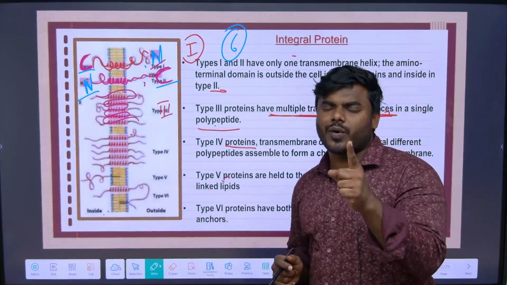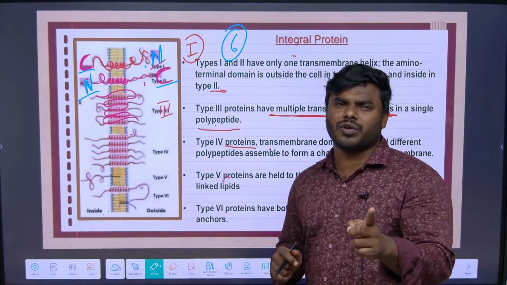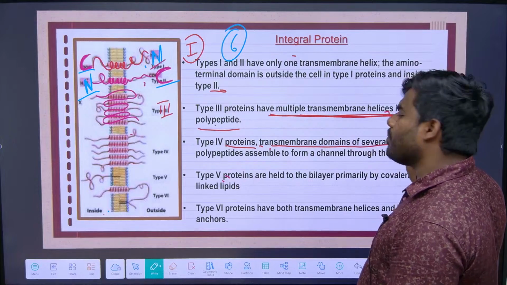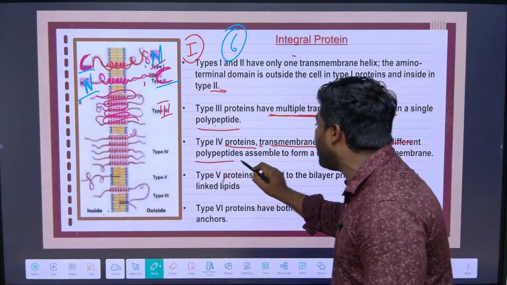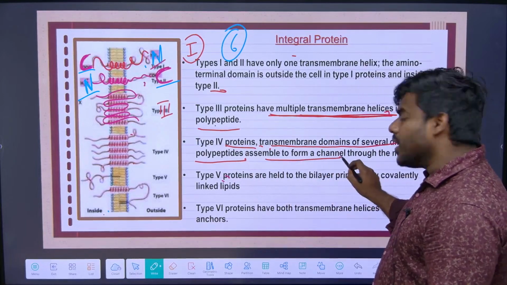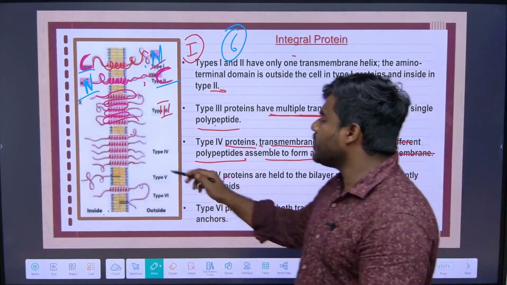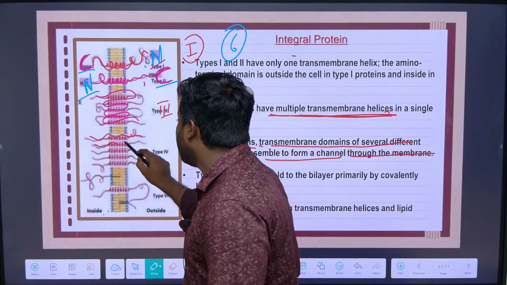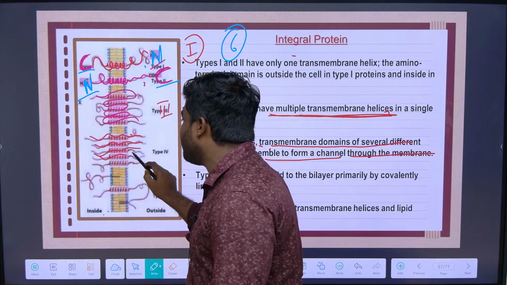This is a very important statement I want every one of you to remember for the exam. Type 4 proteins are the transmembrane domains of several polypeptides assembled together to form a channel through the membrane. This is what exactly we call the type 4 integral membrane protein.